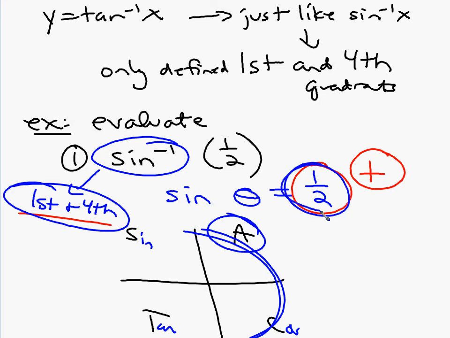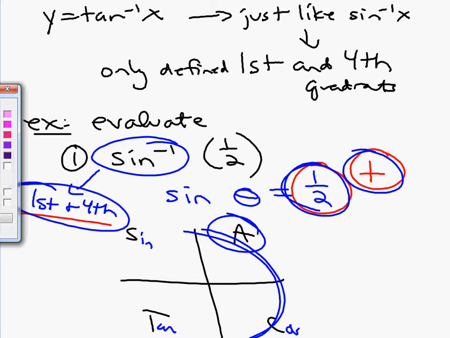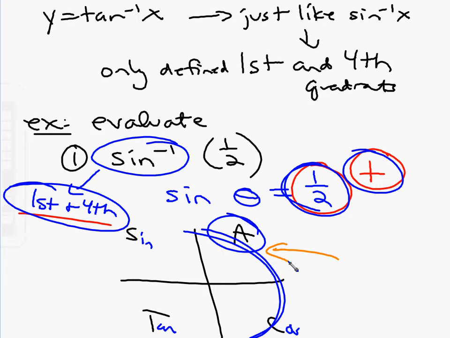As soon as we see this value is positive, then I know we have to be working in the first quadrant. I have to be right here because that's the only place where all of them are positive. Down here, sine is negative. Okay? In this quadrant, sine is negative. Okay? So as soon as I see that I'm doing the sine of what number equals positive 1/2, I know I'm in the first quadrant.